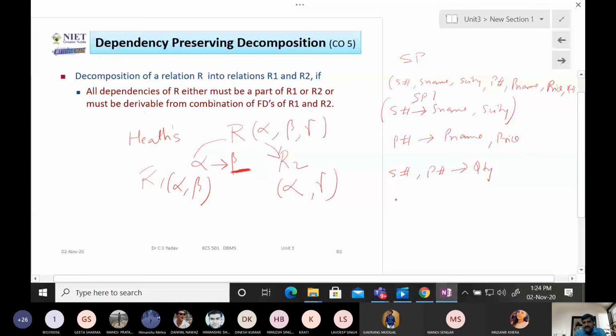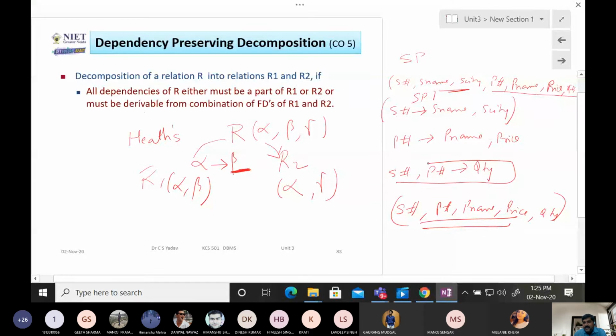Then in the second, S number should be common, and we discard the rest from SP. Then we will get this gamma: P number, P name, price, quantity. Again this relation is not in second normal form, so we decompose that relation with respect to this FD. Did you get it?